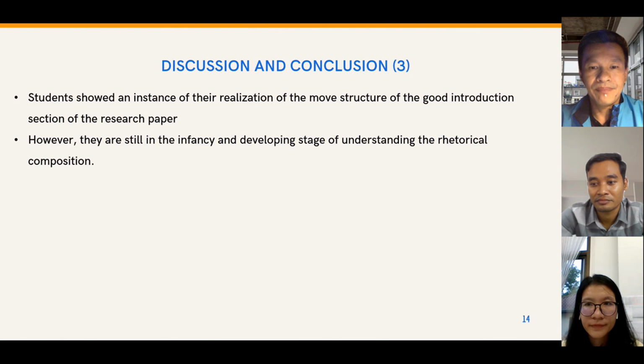Secondly, the nuts and bolts of the research article introduction is Move 2, indicating the gap or indicating the need. Most of the investigations analyzed in this research found that there was not enough data for the analysis. So it means that the students are not really competent in developing the realization of Move 2.